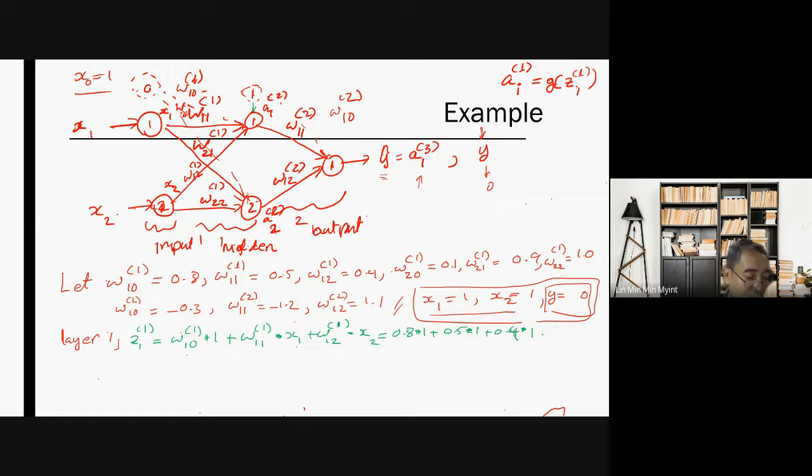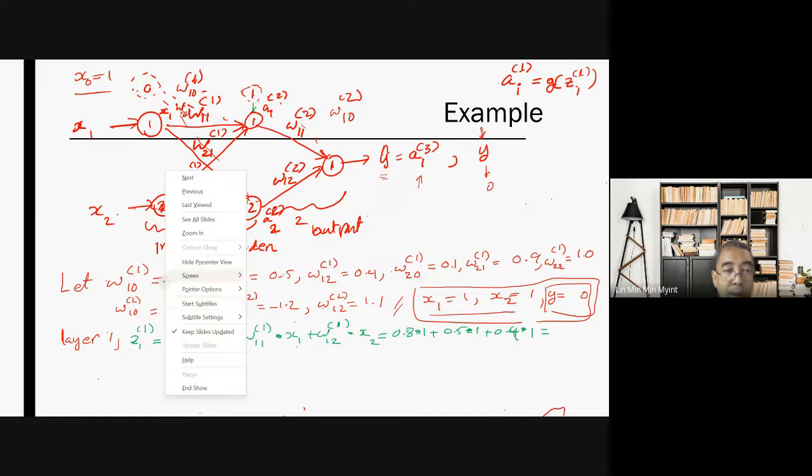Any mistake? Sorry, in my example this should be the minus.